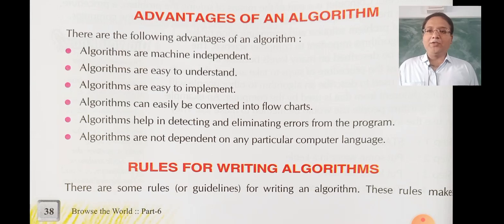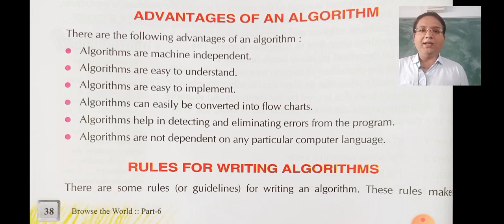Algorithms are easy to implement. An algorithm can easily be converted into a flowchart. An algorithm helps in detecting and eliminating errors from the programs. Algorithms are not dependent on any particular computer language. So after making an algorithm, we will convert it into a flowchart.